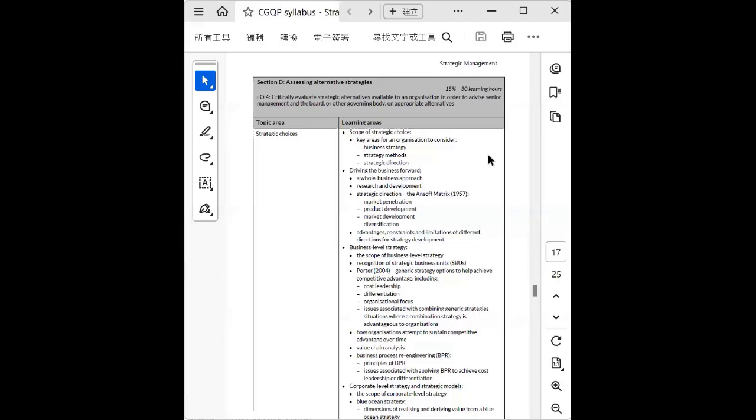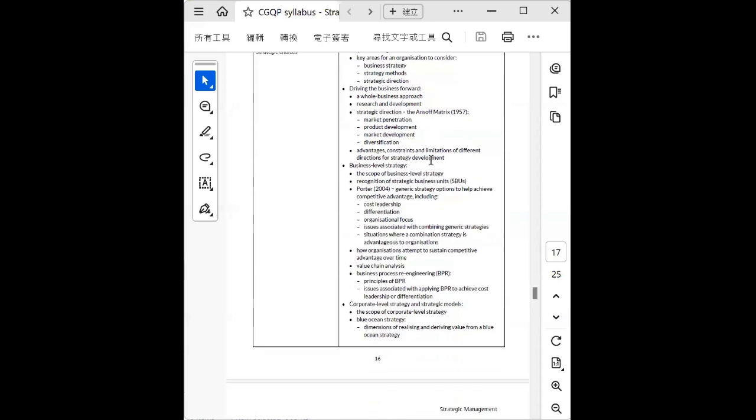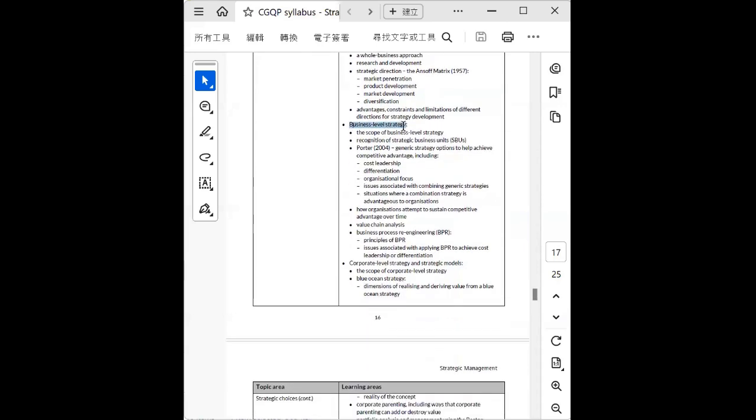Then we have the business level strategies, which refers to the scope of the business level, focuses on the competitive advantage, for example, through cost leadership, differentiation, and focus. Recognition of strategic business units.